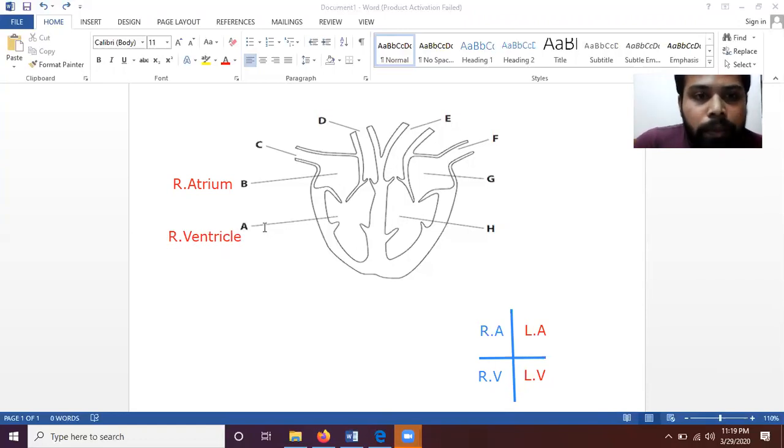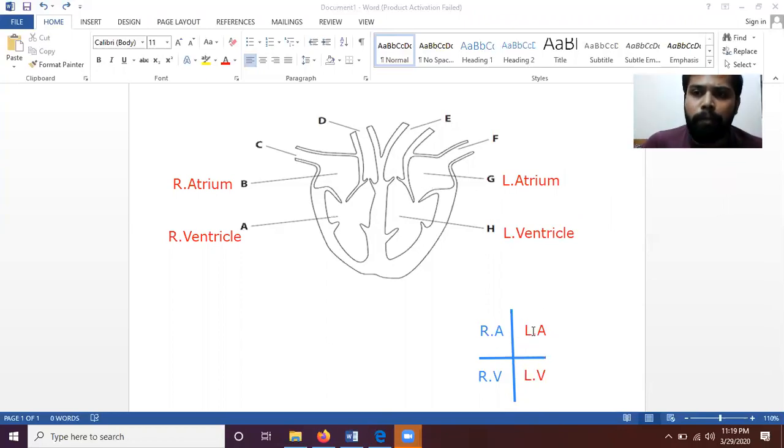So to be specific, this is my left what? Atrium. This is my left ventricle, right? So do you get my point? That's why I've divided the whole heart into four chambers.